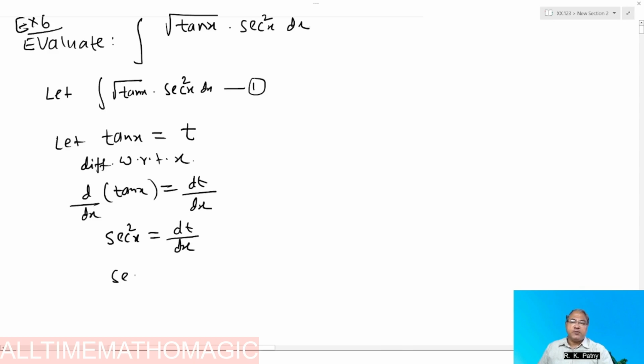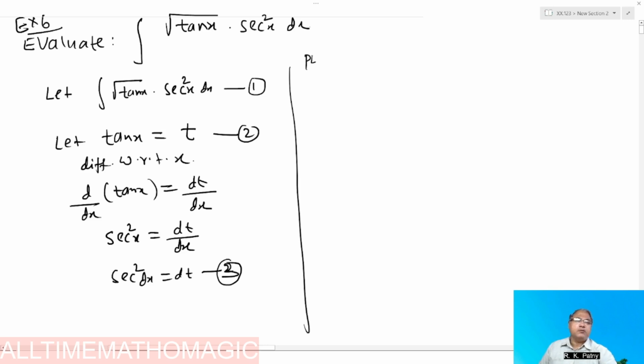This can be written as sec square x dx equals dt. It is equation number 2 and this is 3. Now putting 2 and 3 in 1, we get I equals to, now in place of tan x put t here, and in place of sec square x dx we write dt here.